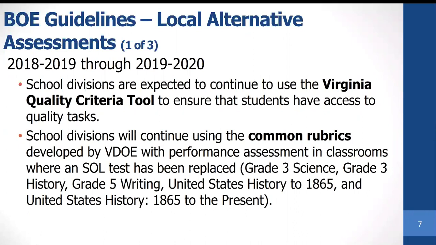But school divisions are expected to continue to use the Virginia Quality Criteria tool to develop the tasks that form these local alternative assessments, and school divisions are encouraged to continue using the common rubrics developed by VDOE that exist for all of those replaced SOL tests. And all of those documents obviously can be found on our DOE website.